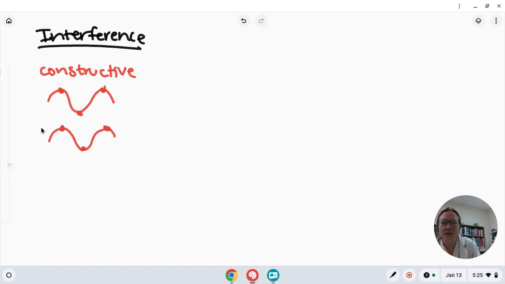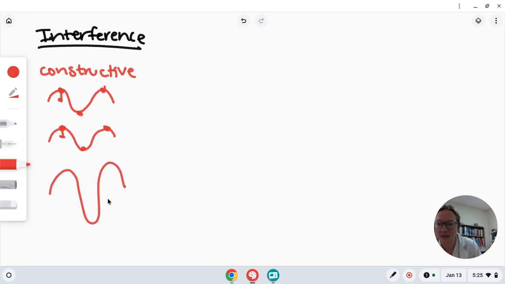The resulting wave is one where one of them makes the particle go up this much, the other makes the particle go up this much, and together they make the particle go up and down this much. So in constructive interference, you get a wave that has a way larger amplitude than the amplitude of both of the waves that created it.